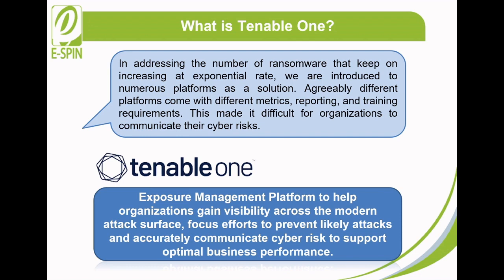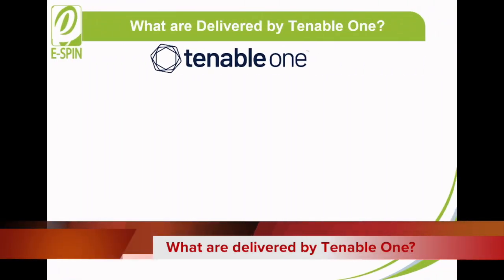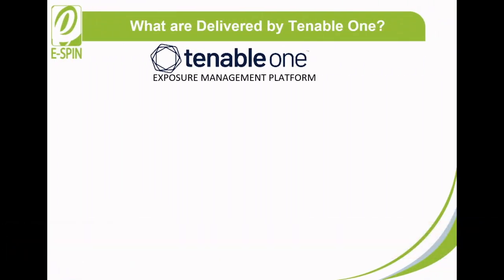It is a cloud-based platform and focuses on efforts to assess vulnerabilities and exposure across the entire attack surface for proactive risk management. What is delivered by Tenable One? The platform combines the broadest vulnerability coverage spanning IT assets, cloud resources, containers, web apps, and identity systems, builds on the speed and breadth of vulnerability coverage from Tenable Research, and adds comprehensive analytics to prioritize actions and communicate cyber risks.